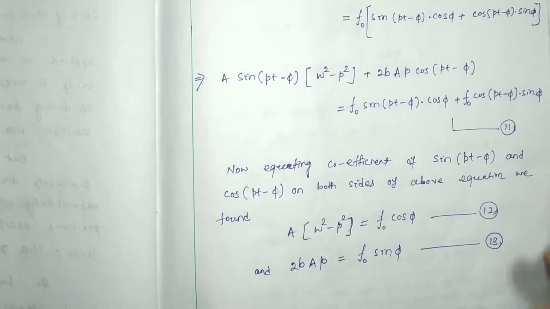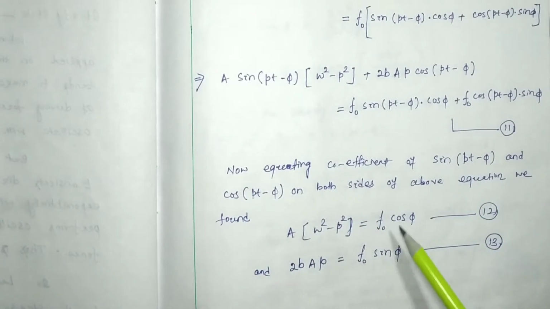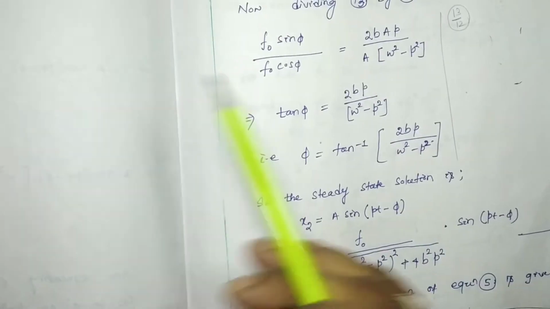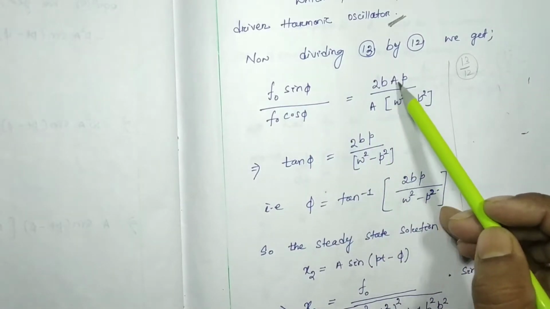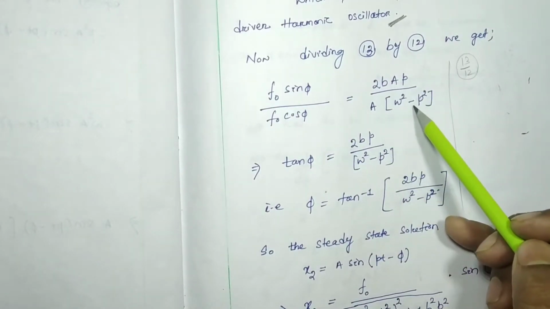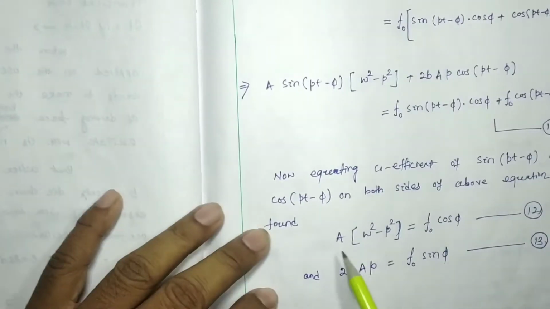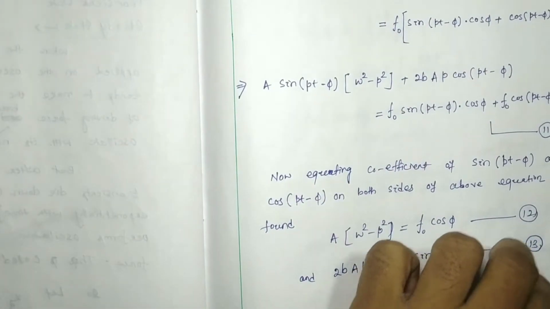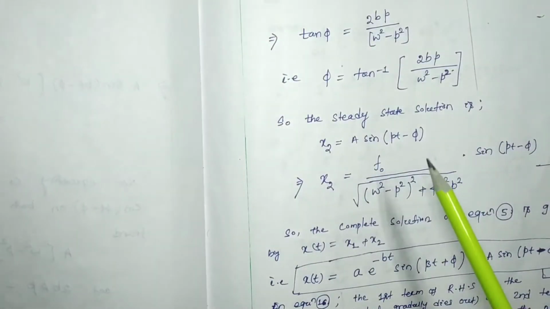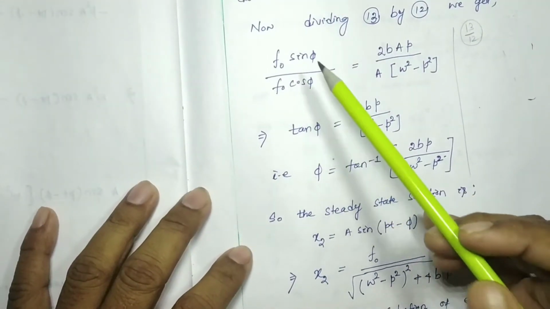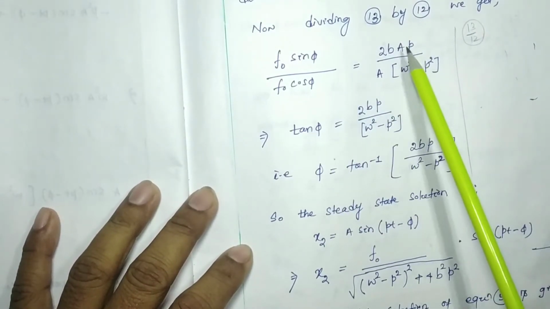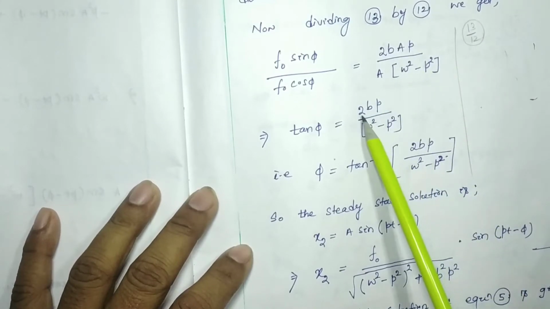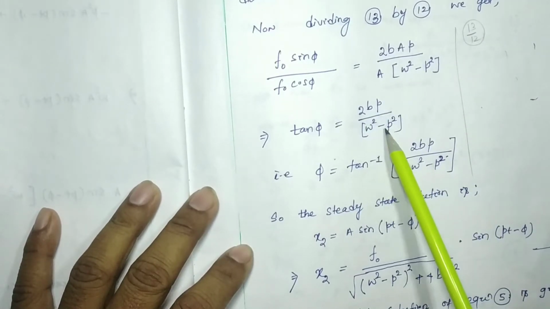So 13 by 12 will be F0 sine phi by F0 cos phi on the right side, and 2bAp by A omega square minus p square on the left side. F0 gets cancelled, sine phi by cos phi will be tan phi, and A gets cancelled, and we find 2bp by omega square minus p square.